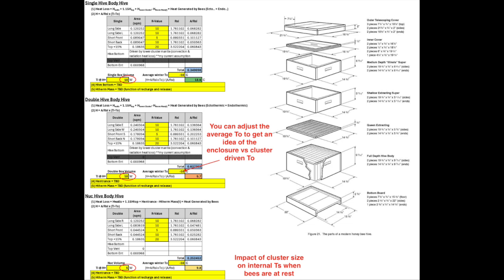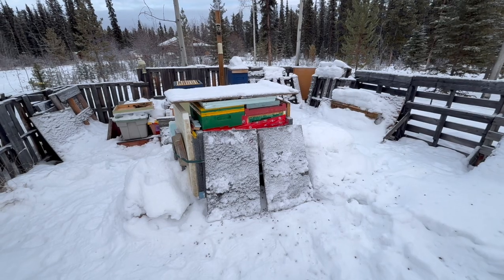The cluster in a nuc will be smaller, so I'll cut the heat output of that cluster to 5 watts, and then you can see the comparative numbers. Anyways, it's just a way of playing with numbers to see what the impacts are. Literally, that's how my brain works: I have to do trial and error to see how things go.